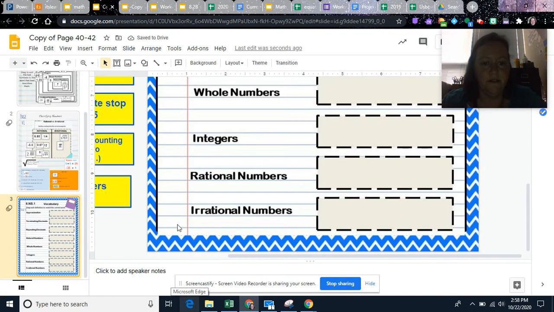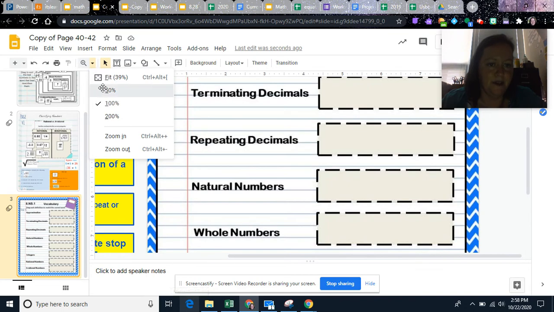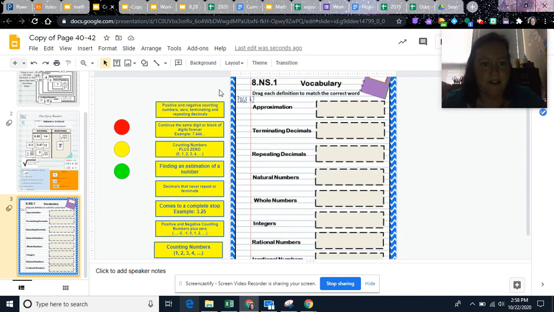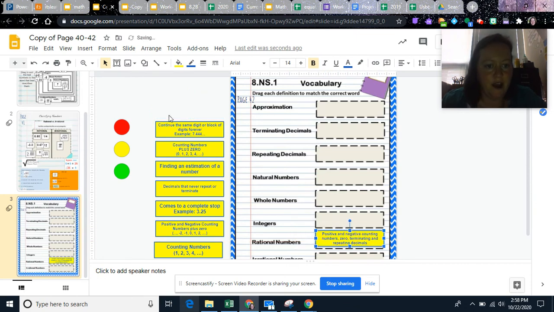And then moving on to our vocab. I thought maybe you guys would like this better than doing some pulpit words. So positive and negative counting numbers, 0, terminating and repeating decimals. Since all of that is included, this is going to be rational numbers. Continue the same digit or block of digits forward forever.